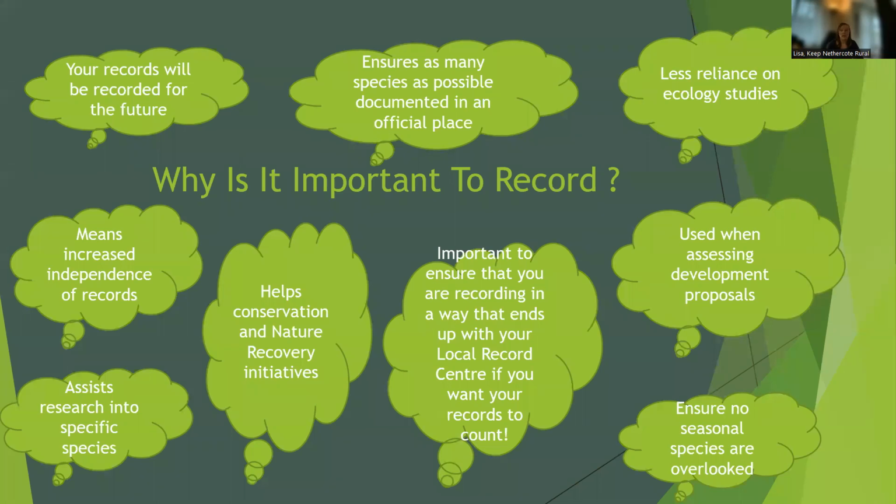That is because they are seasonal species. So unless the recording is actually taking place at the time when they're present, then they won't be recorded. So by contributing to the records, you can ensure that for your area, all of the seasonal species are recorded.